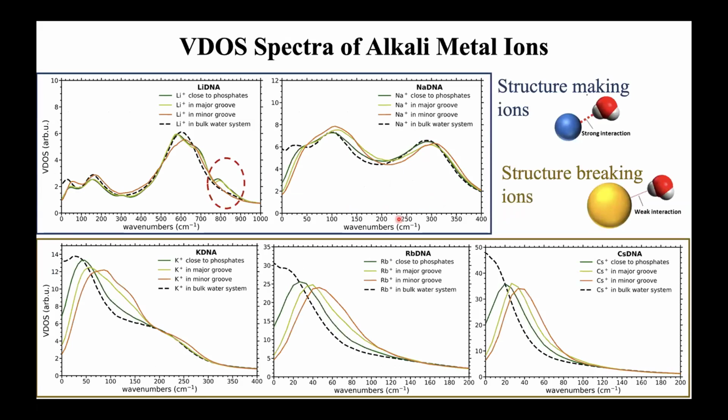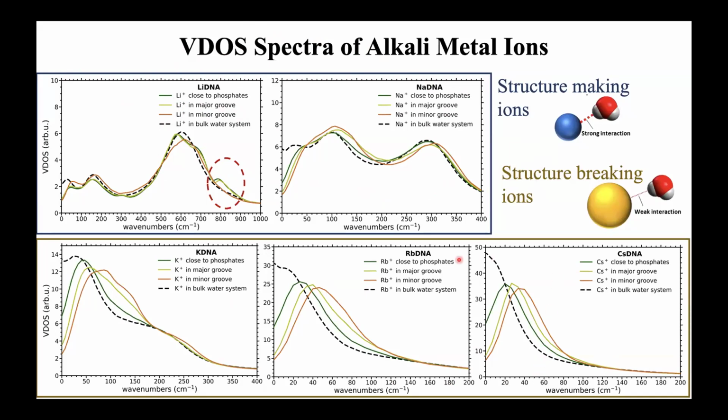So we obtained the vibrational spectra for ions located in the bulk solution, shown as a black dashed line, near the phosphate group, shown as a green line, and also in the major and minor groove, shown as a yellow and orange line. Here you can see the result for the structure-making ions, and here at the bottom the results for the structure-breaking ions.